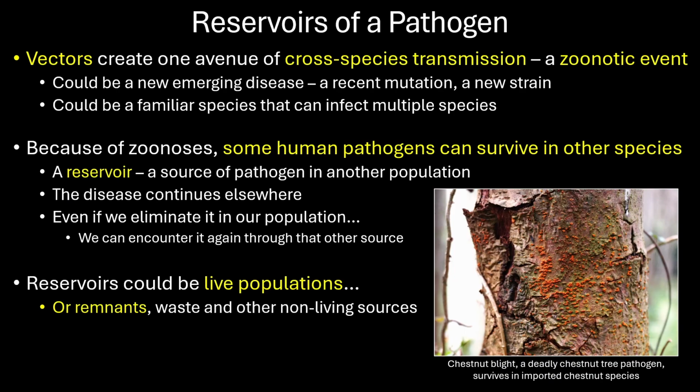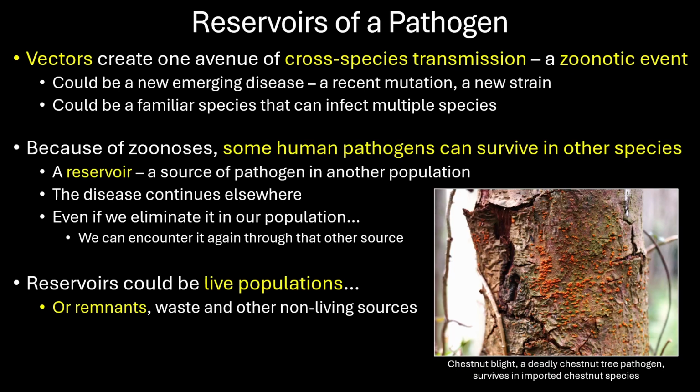Reservoirs could be living populations of things. It could be wild species or domestic species that exist out there that the pathogen is hiding and circulating in. Or it could be remnants of those species or their waste products or other non-living sources. So with respect to chestnut blight, it is something that could still exist in the dead stumps of infected chestnut trees.